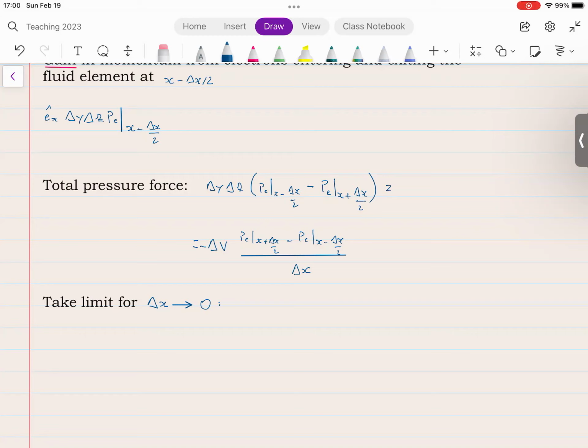Then my total pressure force is going to be equal to minus delta V times the partial derivative of the pressure over dx. Oops, that was bad. This is a vector, and the force is itself in the x direction.